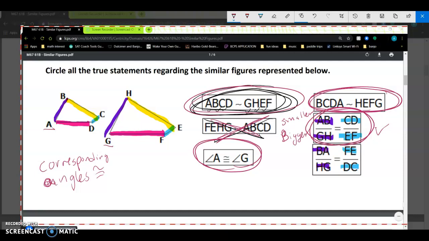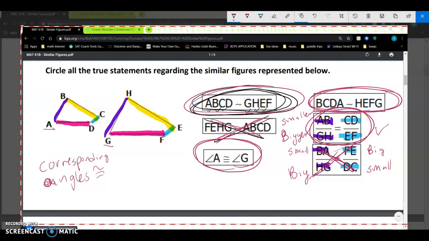In this example, yes, I have the same colors, but notice this one is small on top. This one is big on the bottom, right? So in this case, this one is big over here and small on the bottom. This proportion doesn't match up.